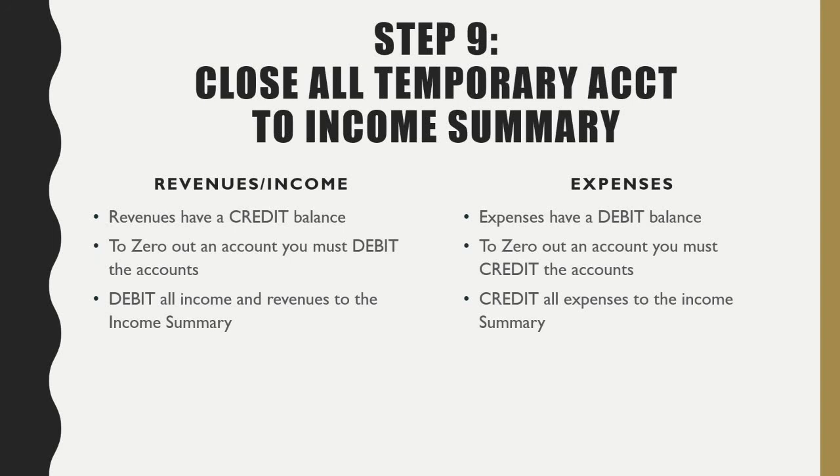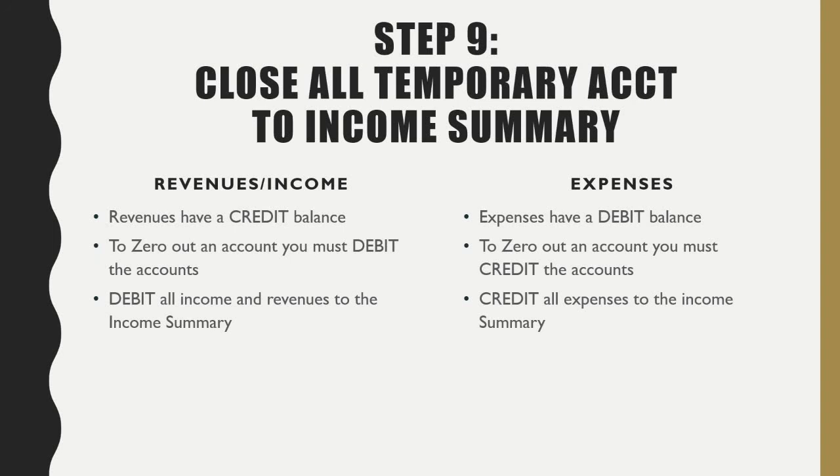However, maybe this month you incurred advertising expense, and next month you didn't. Maybe this month you had a purchase expense that went way over, and then the next month you don't have any purchase expenses. So every month, your expenses are not going to be the same.